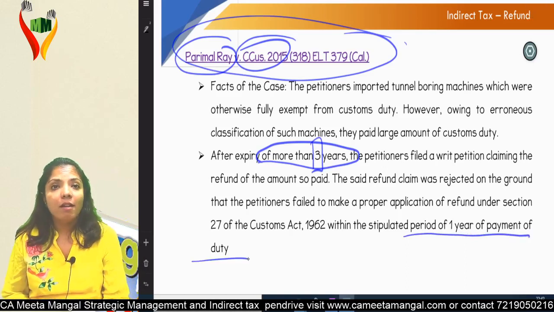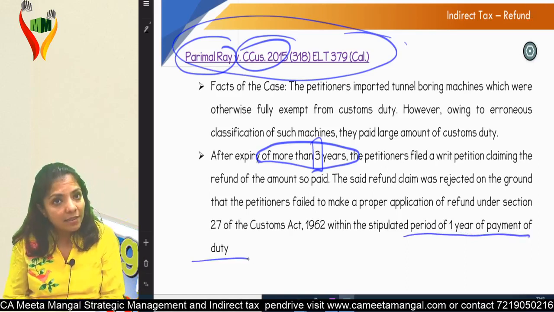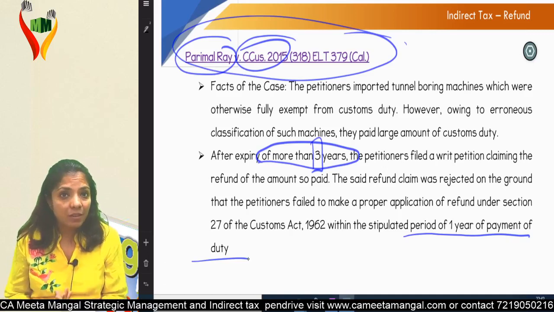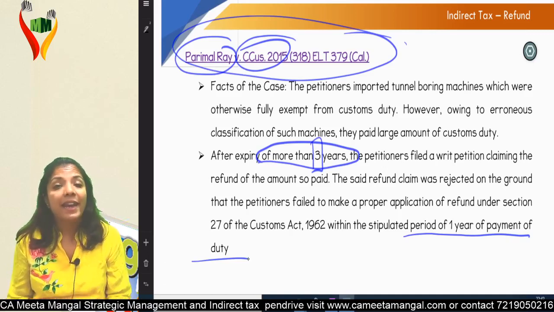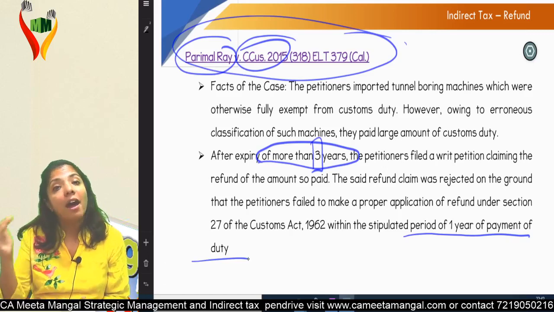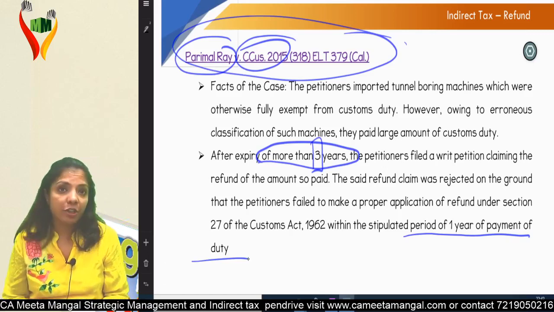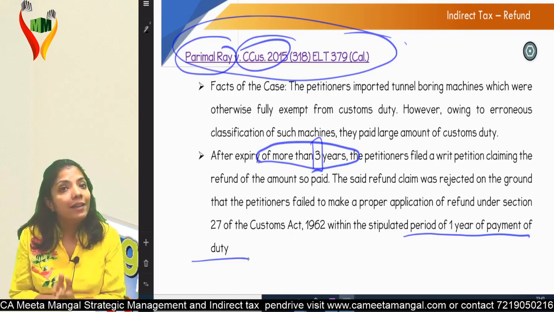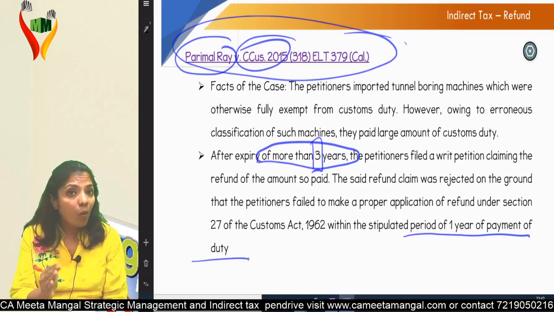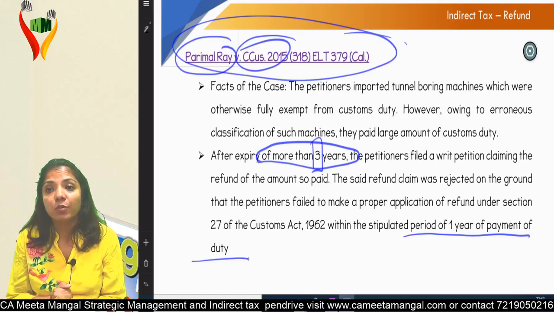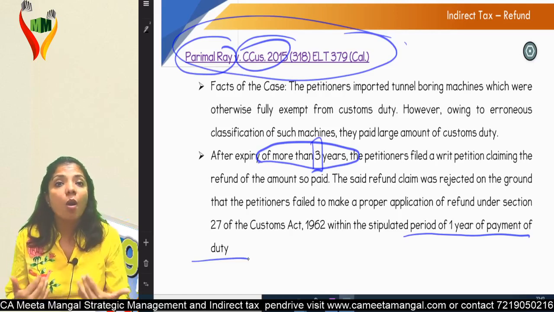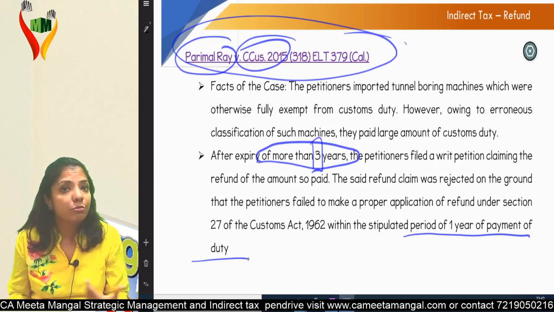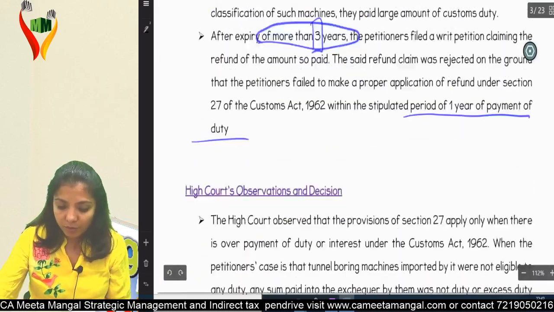After 3 years, they realized they had paid tax which they didn't have to pay. They made an application, but it got rejected on the ground that it had to be made within 1 year, so the question of refund does not come into the picture. Okay, these were the facts.